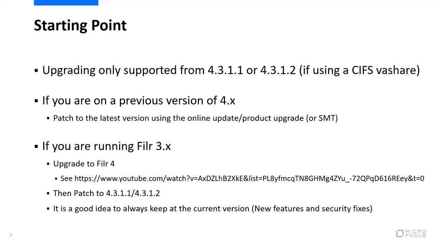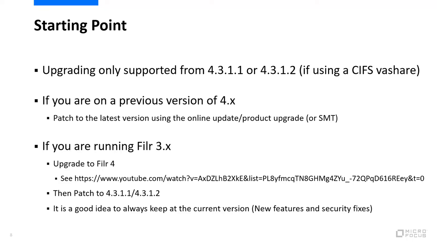If you're on a previous version of 4 that's not the later versions, then you need to patch up to the latest version. And I know a lot of people looking at the telemetry are still running 4.0 and have never patched their environment at all, but obviously it's a good idea as new patches and versions come out to keep up to the current Filr version.